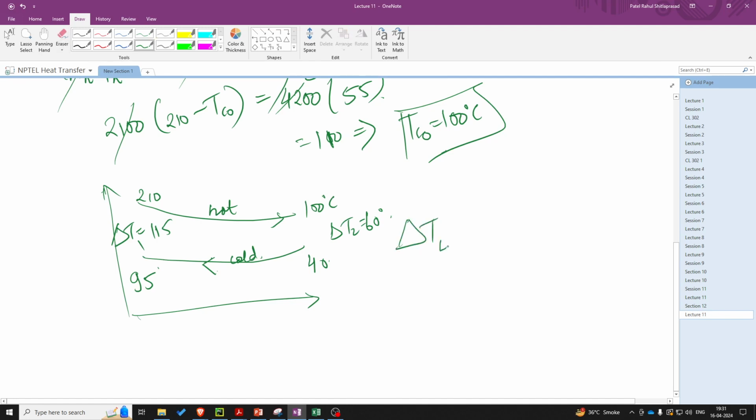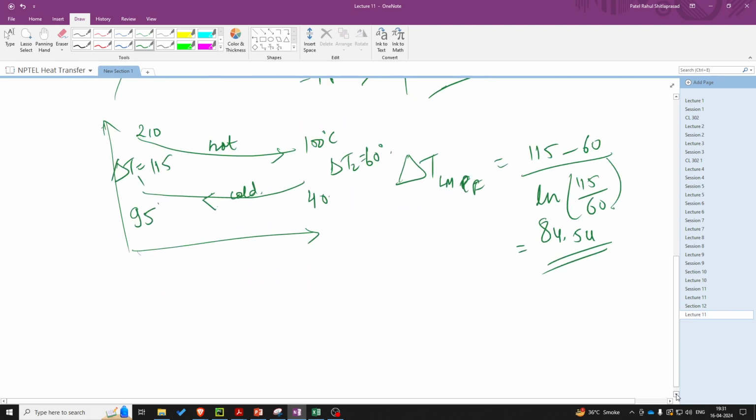So delta T Lm for counter current flow will be delta T1 minus delta T2, that is 115 minus 60 upon ln of 115 upon 60. So this will come around 84.54.